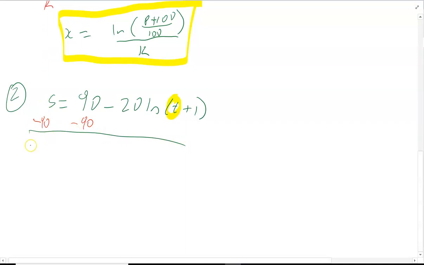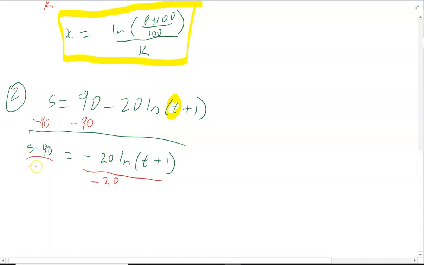What we'll have then is s minus 90 is equal to negative 20 ln of t plus 1. Then we want to divide by negative 20, because we are multiplying by negative 20 here.